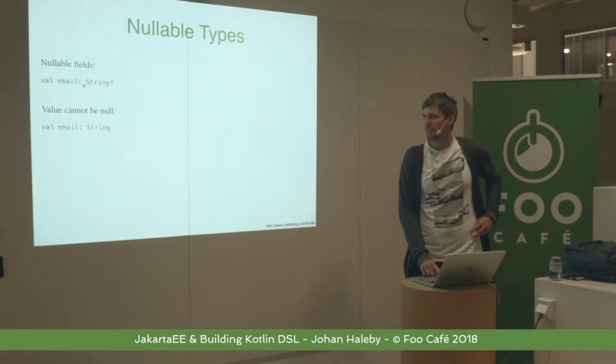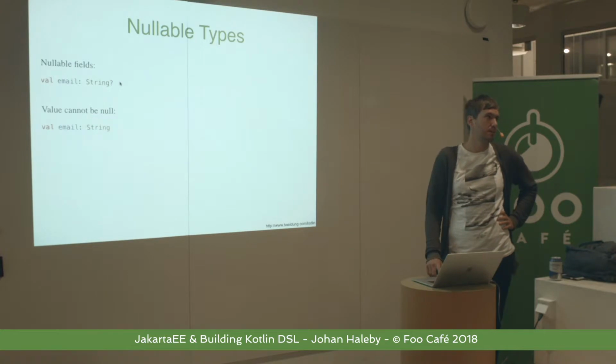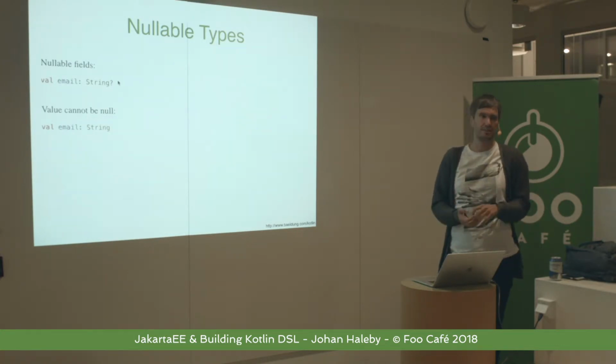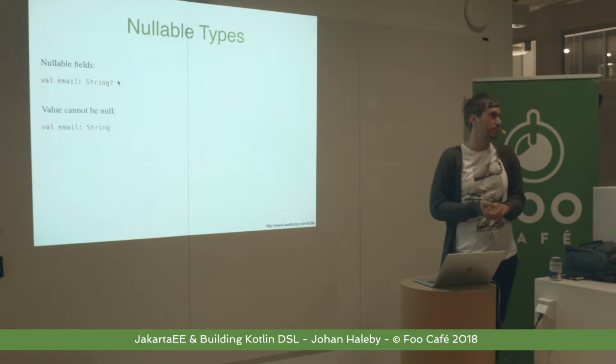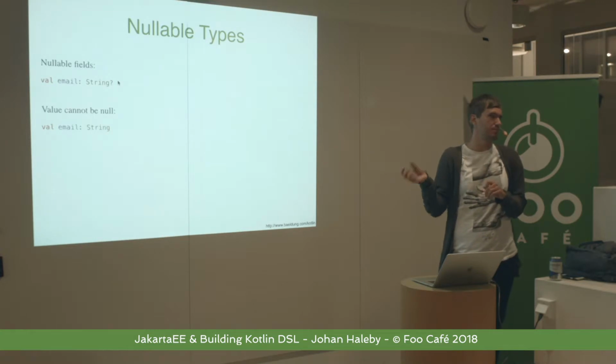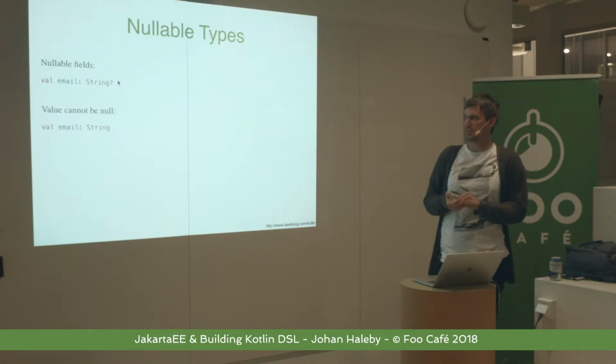And then this is one of the strengths with Kotlin, because if you don't declare the types with a question mark at the end, they cannot be null. And this is enforced by the compiler, unless you interact with some Java libraries. It may still work if you have some annotations on the Java libraries, but then there may be cases when the compiler can't figure it out.